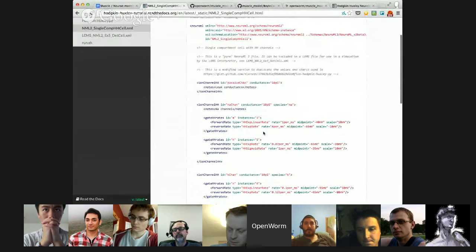That's already showing a little bit of the decoupling that's nice about the system: here this is just a cell, independent of any instructions of what input to put into it or what to plot out.